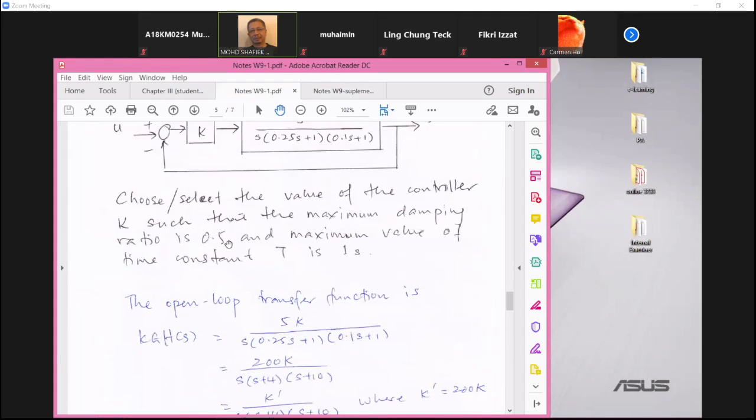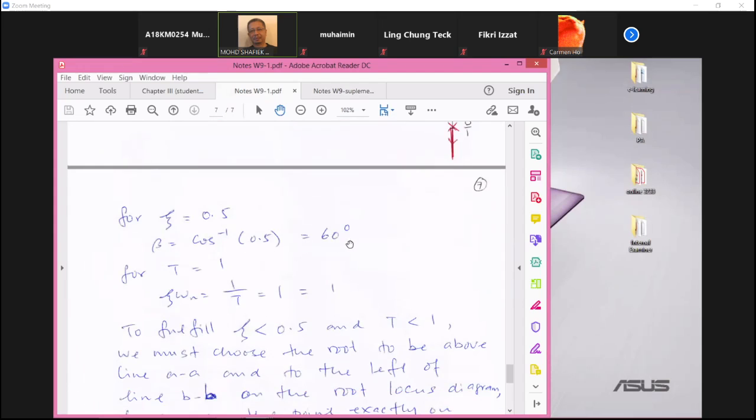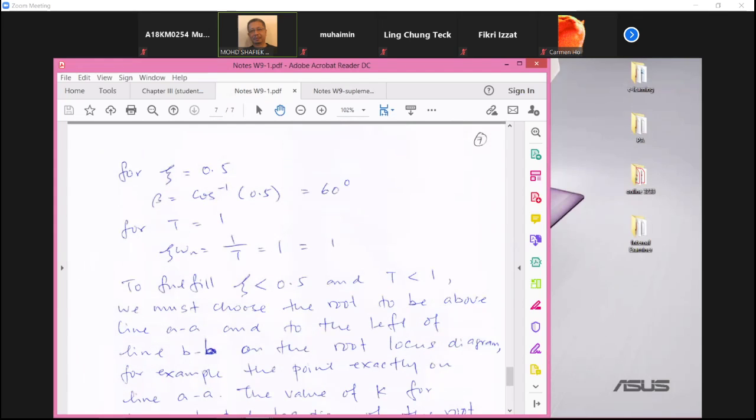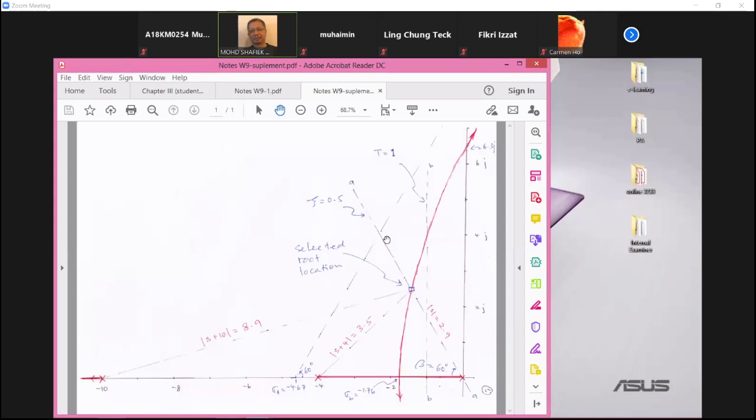See, the maximum damping ratio is 0.5. So we want the damping ratio to be smaller than 0.5. So this is the critical angle of 60 degrees. And our roots must be either on that line or above that to give a damping ratio of 0.5 or less.